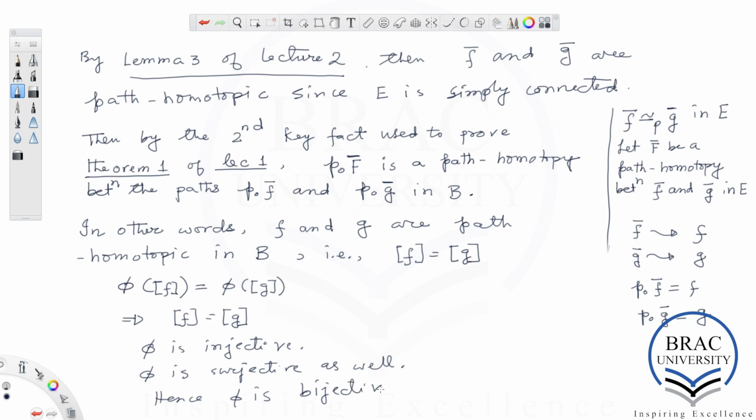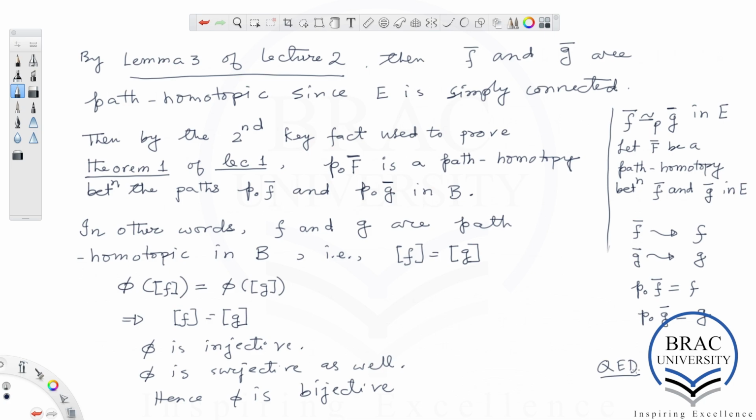So, in case we have the covering space to be simply connected, we then have the lifting correspondence to be bijective. QED. Okay, good.